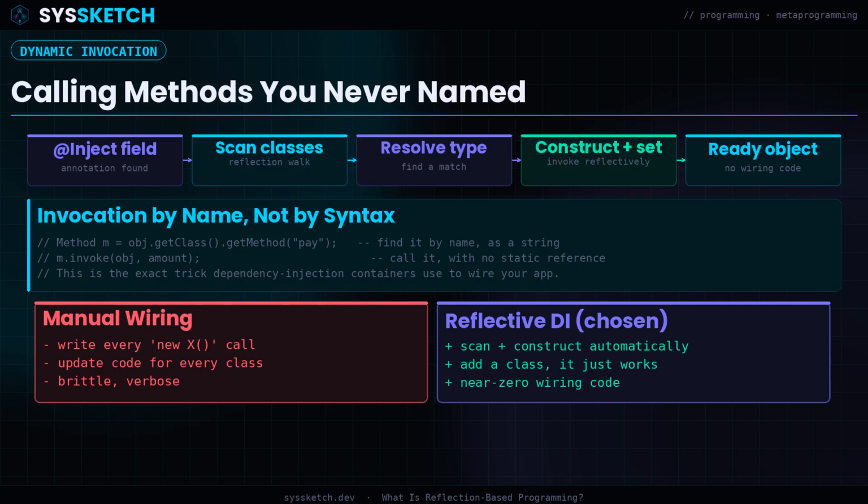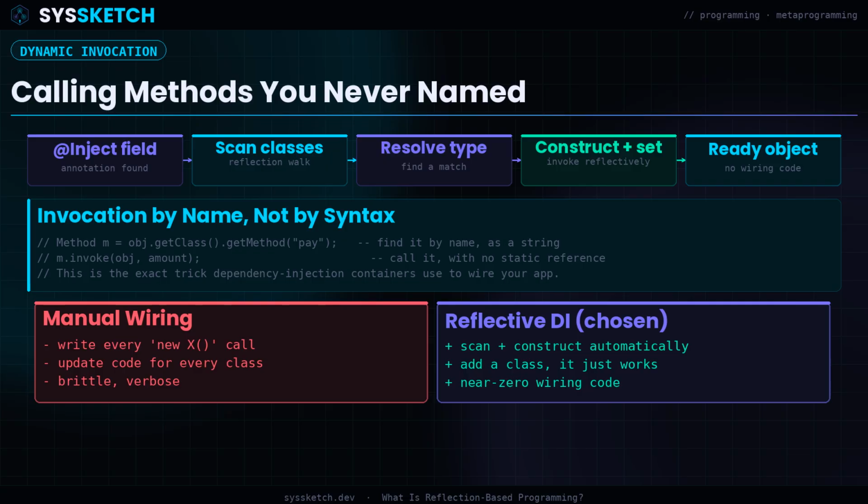Inspecting structure is only half the story. Reflection can also act on it. Once you've found a method by name, you can invoke it, passing in arguments, even though your code never wrote out that method's name literally. This is how dependency injection frameworks work. You annotate a field with something like @inject, and at startup the framework scans your classes, finds every field with that annotation, figures out what type it needs, constructs the right object, and reflectively assigns it, all without you writing a single line of wiring code.